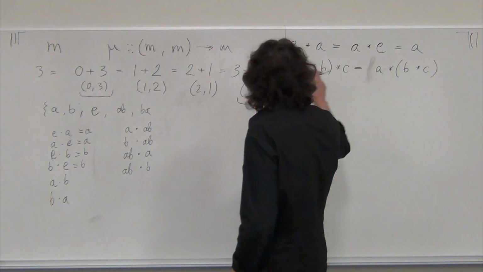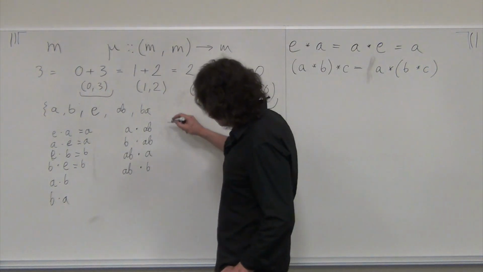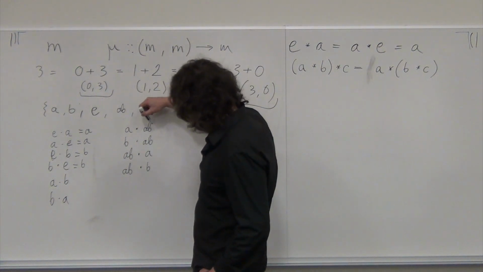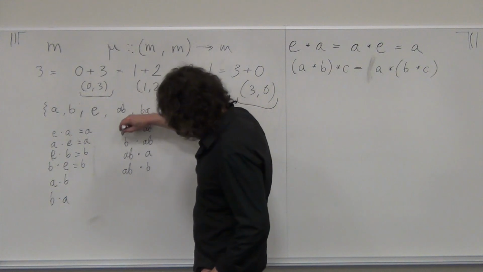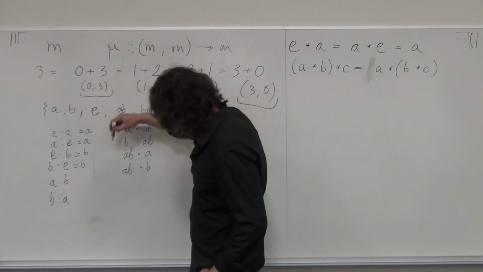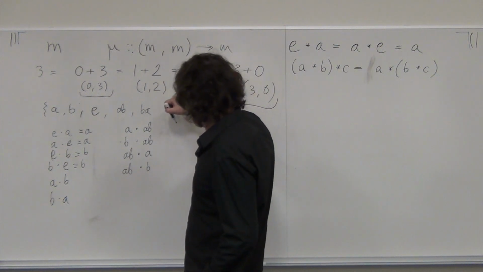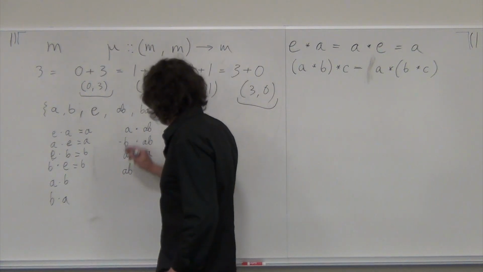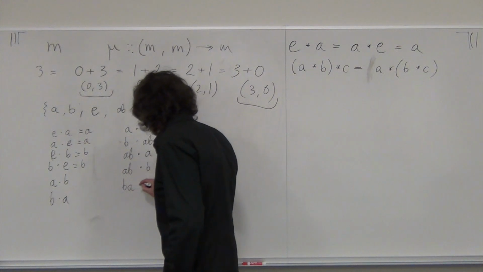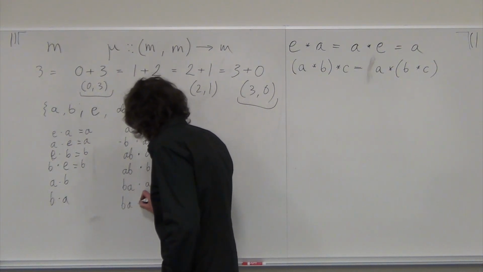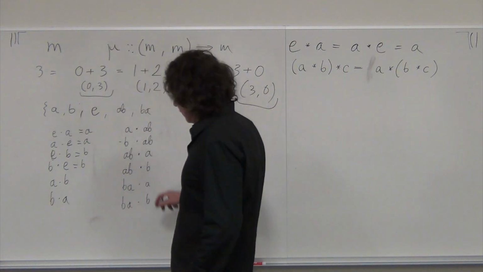Not really, because we also have associativity. So, do we have BAB, for instance? BAB. Oh, I didn't have BA yet. Huh. Okay, so I have BA times A, BA times B, and so on.